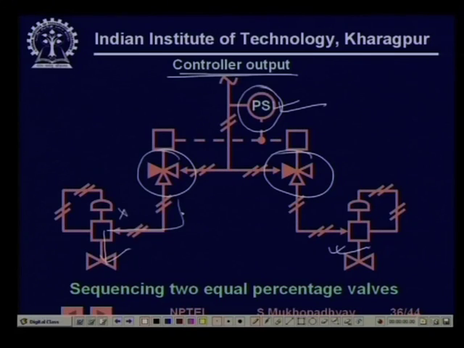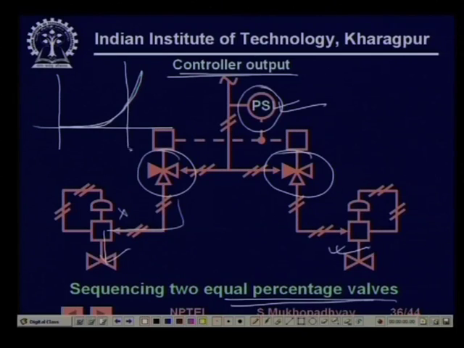For such kinds of sequencing, equal percentage valves are better suited, because as we know, the equal percentage characteristic is like this, same percentage change in position to flow. You see that for the small valve, just before closing, it has a very high gain. When you are switching to the large valve, the large valve actually has a high value of gain, but it is operating in its low gain region.